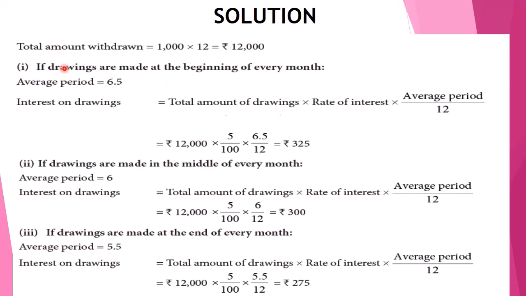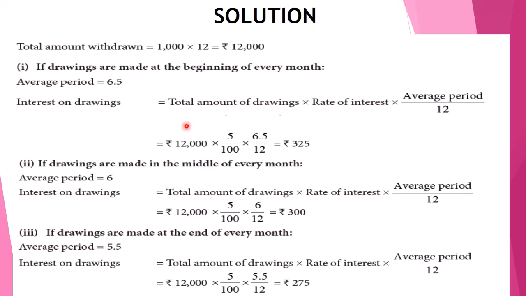Solution. Total amount withdrawn. It was told that he is withdrawing rupees 1000 every month, so it is 1000 into 12, that is 12,000. This is the total amount withdrawn. Let's do it for the first situation. If drawings are made at the beginning of every month, from the tabular column we know that the average period is 6.5. Let's put it in the formula.